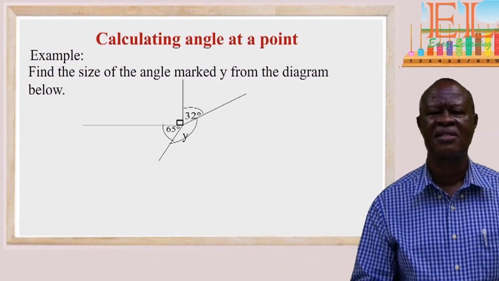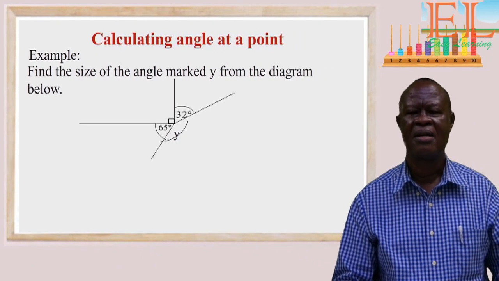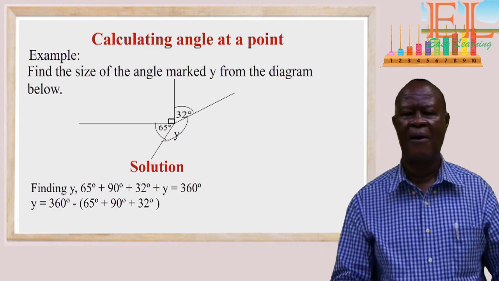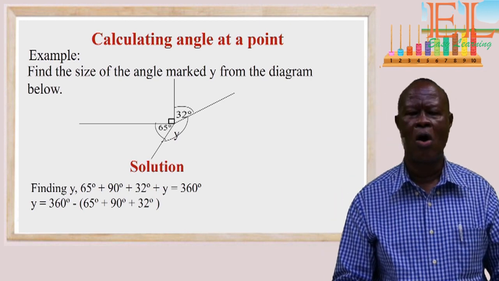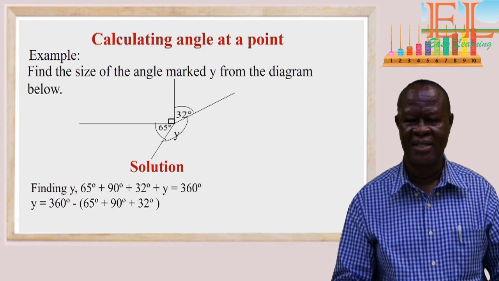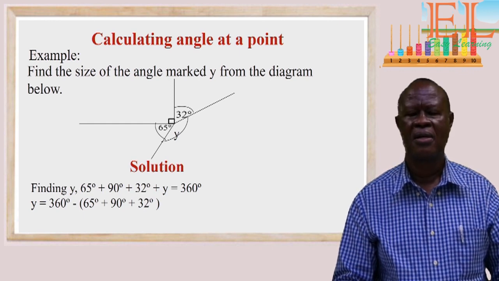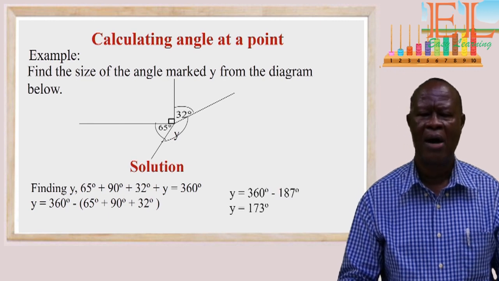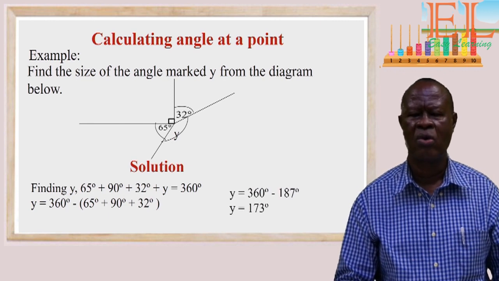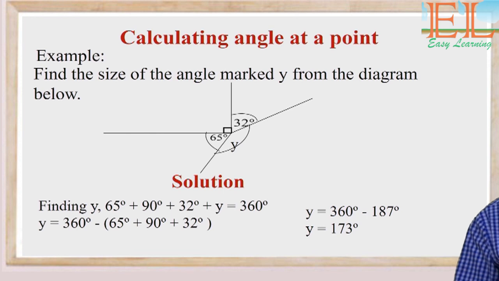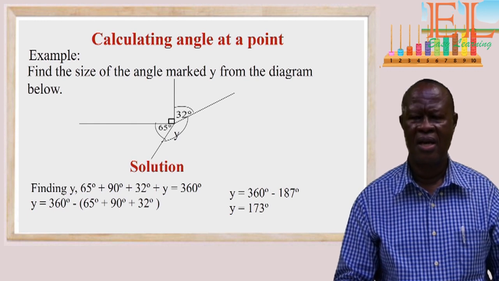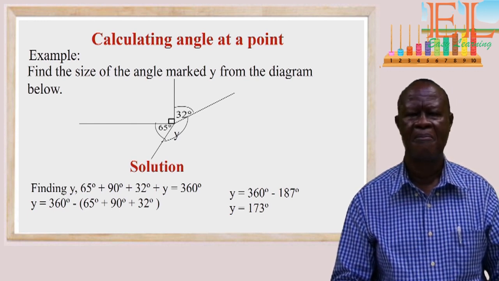So we may have 65 degrees plus 90 degrees plus 32 degrees plus y equal to 360 degrees, and then we solve it with the algebraic concept we have learned in the past lessons. We then have our angle y to be equal to 173 degrees. Dear students, I hope you can do this when you meet other questions related to this.